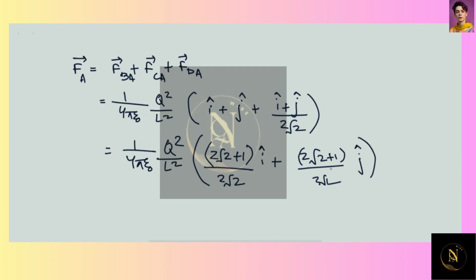So they both have the same components, which means that FA is inclined at an angle of 45 degrees with respect to the horizontal, that is the x-axis.